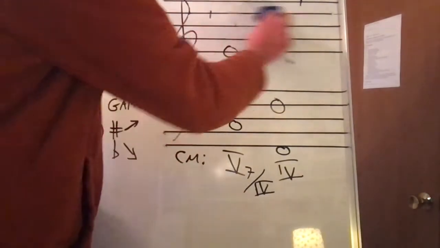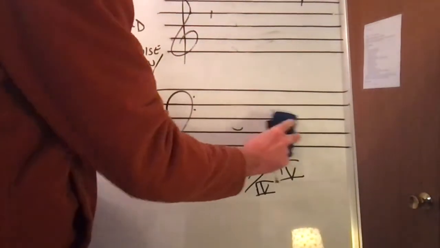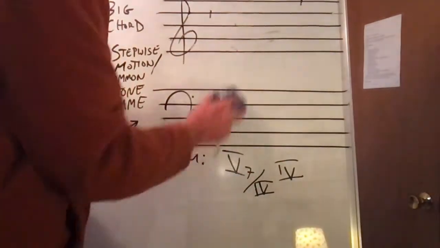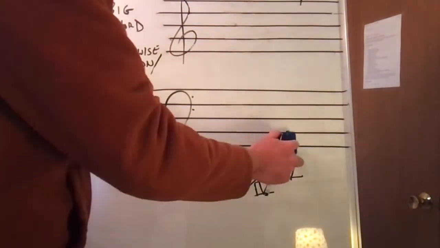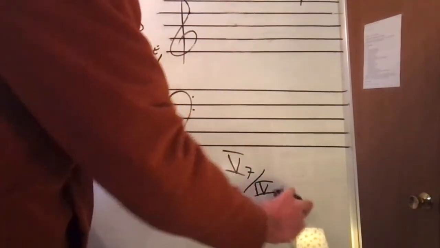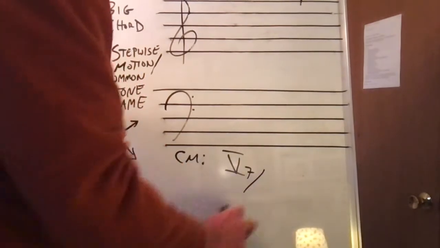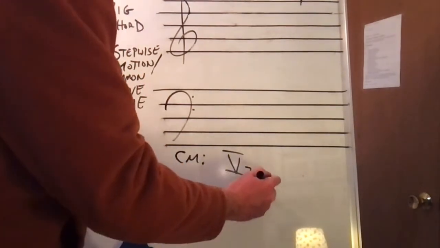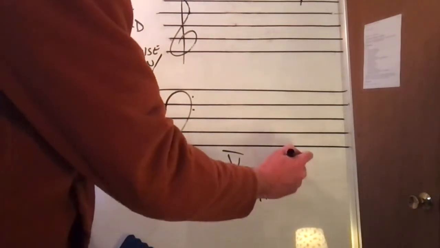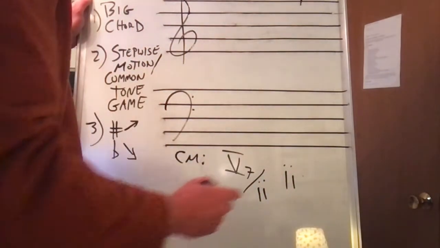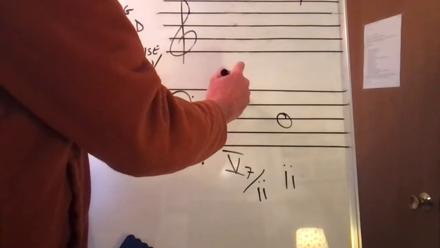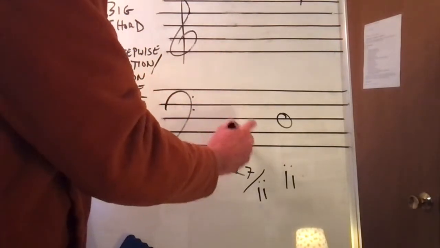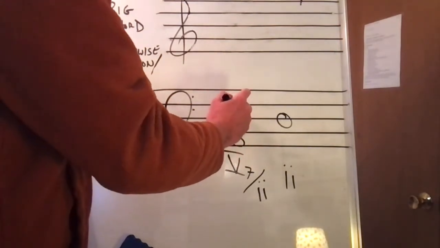Let's do a ii chord. And we'll do these in the minor mode after I finish everything in the major mode here. So V7 of ii going to ii. So my goal is D. I need an A, and I'm going to just put this down here just to save space.